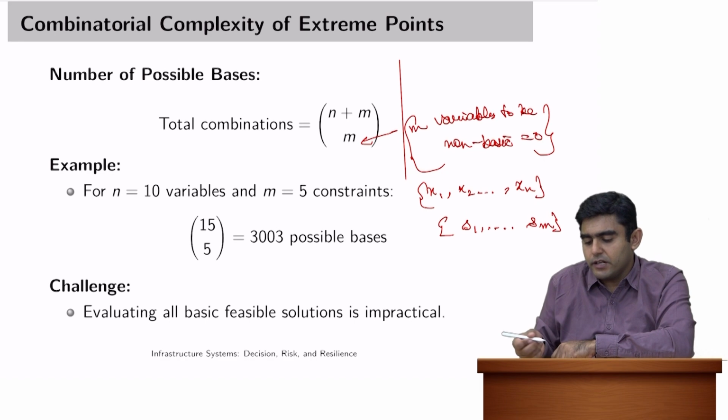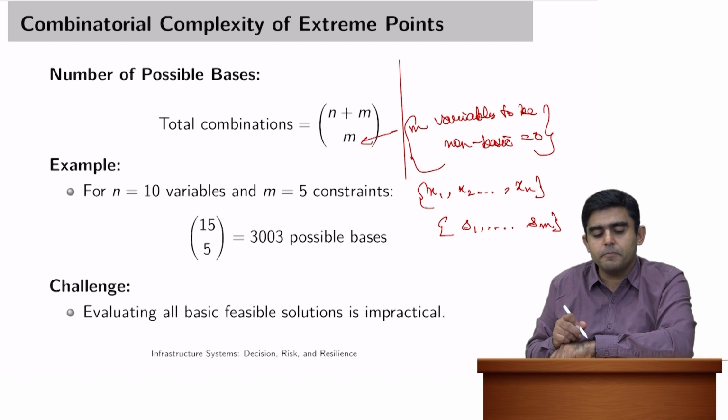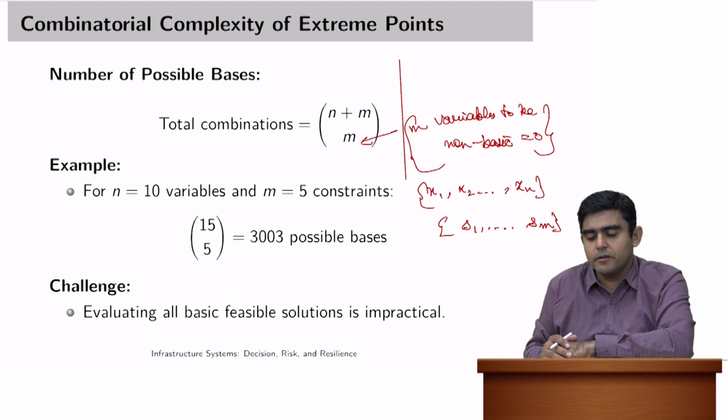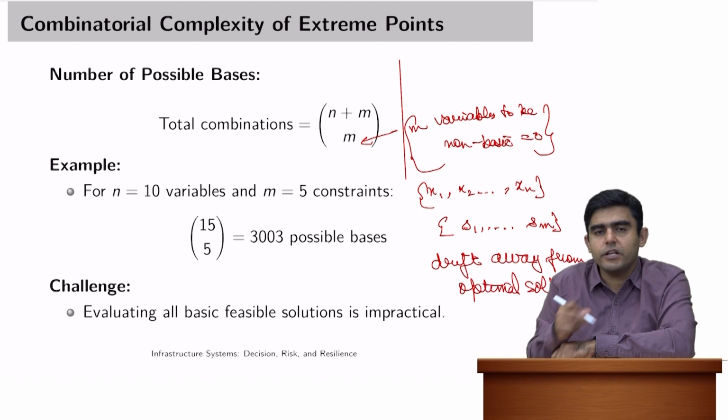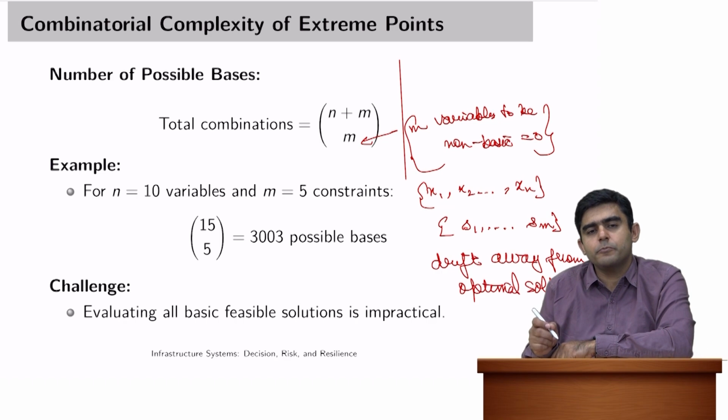You can say that we can randomly select any of these variables and force them to be 0. But what may happen is that if we make that choice randomly, we may drift away from the optimal solution. And it may take a long time to converge to the point of interest or extreme point of interest.